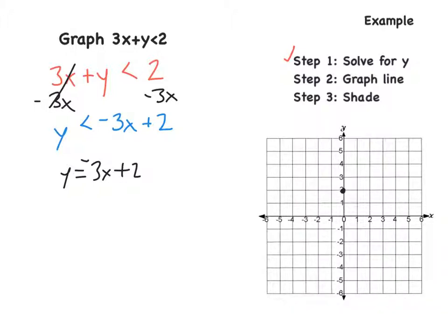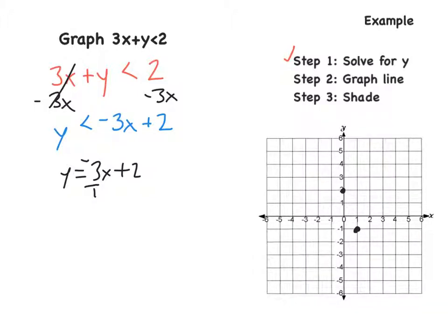From here, we write the slope as a fraction, so it'd be negative 3 over 1. So from the 2, we go down 3, to the right 1. So we're going to have a point at 1 comma negative 1. So now we have our 2 points.